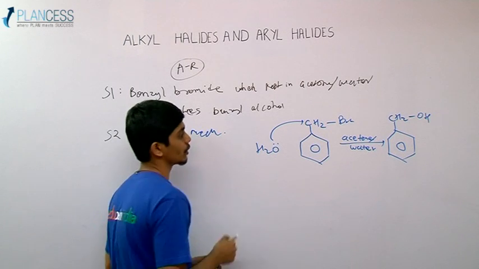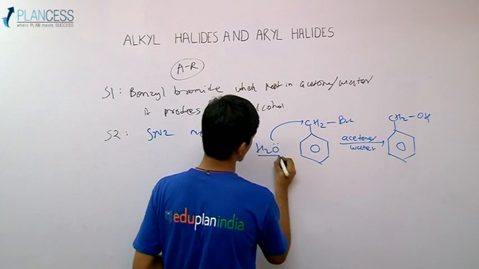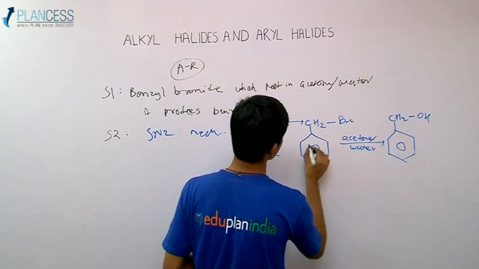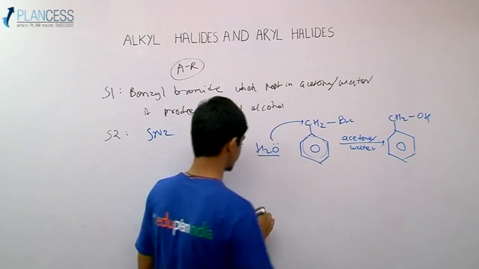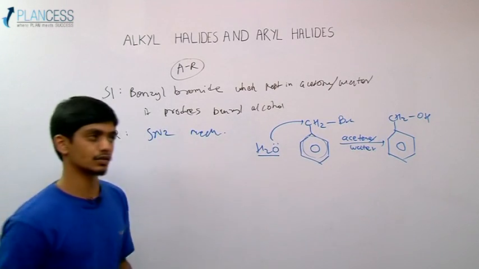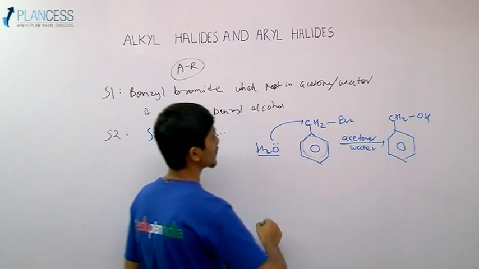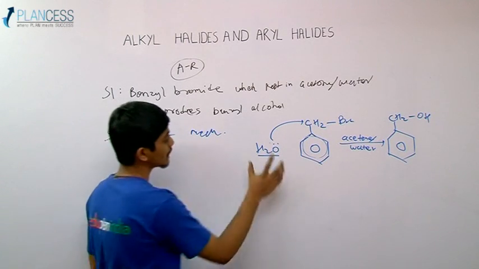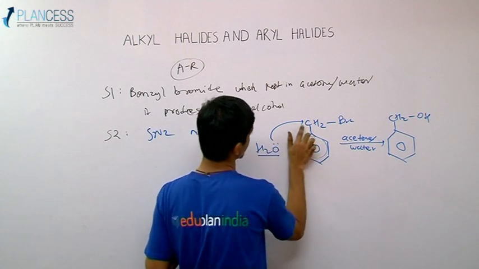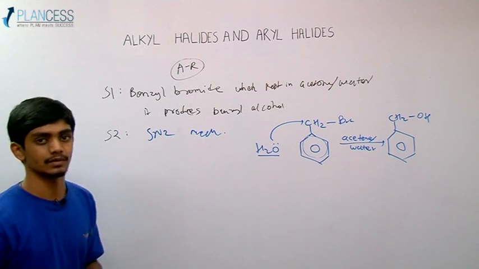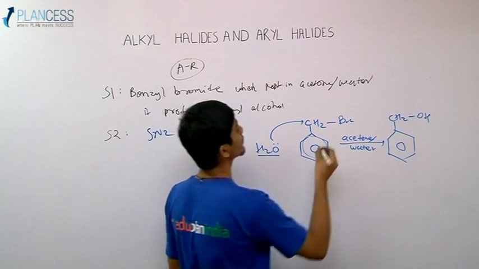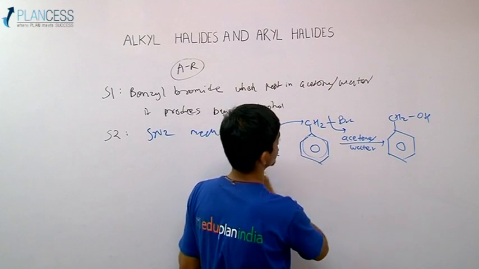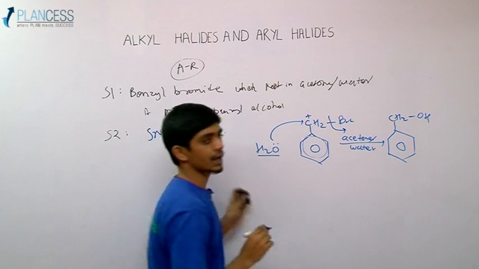Now here what happens is this H2O is obstructed by the electron cloud over the benzene. Because the electron cloud is so huge and this structure, CH2, is quite small, that H2O has some difficulty in approaching this carbon. So a better method would be if you can just leave this bromine, create a carbocation.